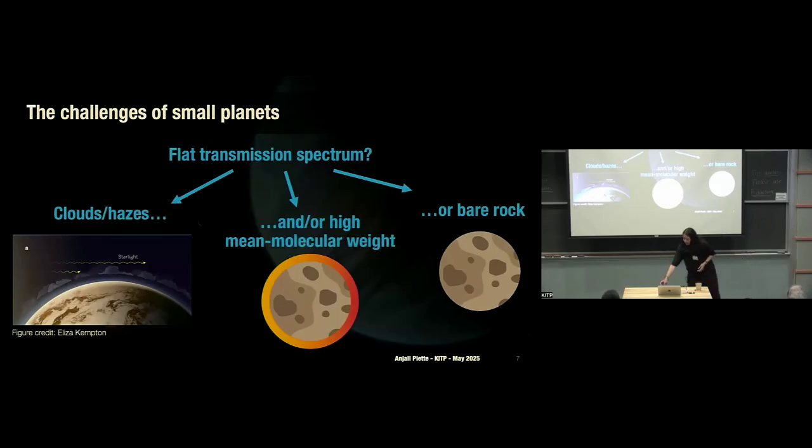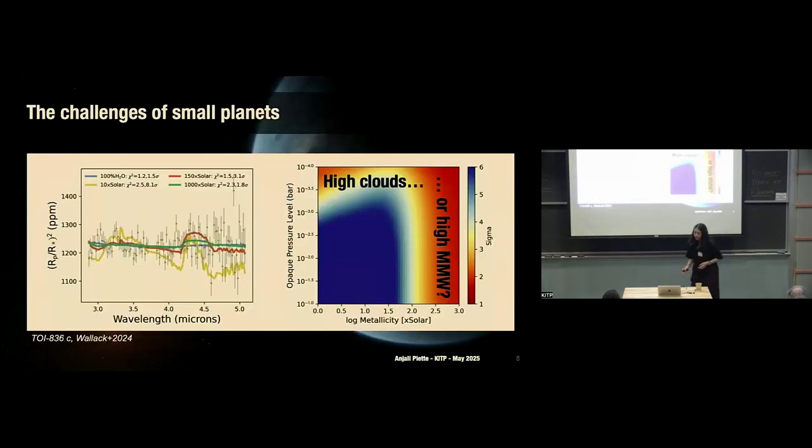I want to highlight some results from the COMPASS program that Artem mentioned yesterday. Something that I really like that they've done is that despite seeing a flat spectrum, they're actually extracting information from that, because this is not nothing. It is flat to within a certain error bar. And even if we can't uniquely constrain the composition or the metallicity of the atmosphere, you can rule some things out, which is helpful.